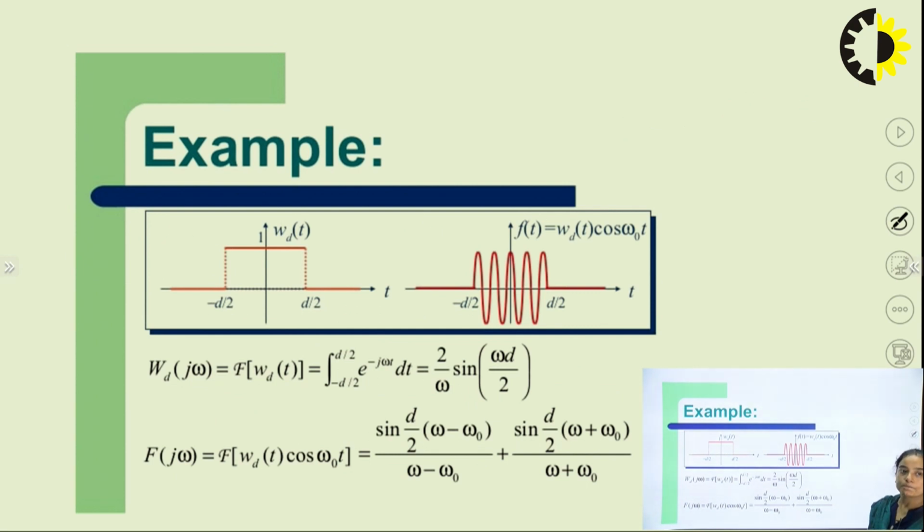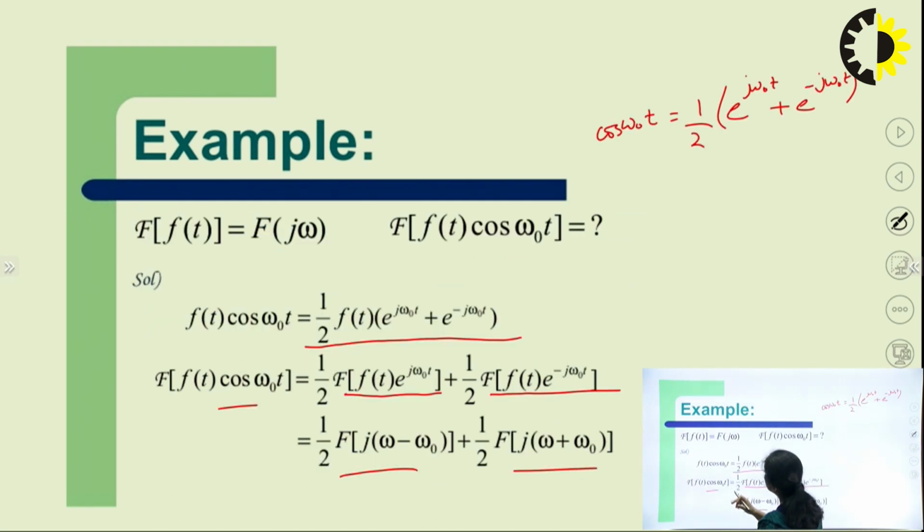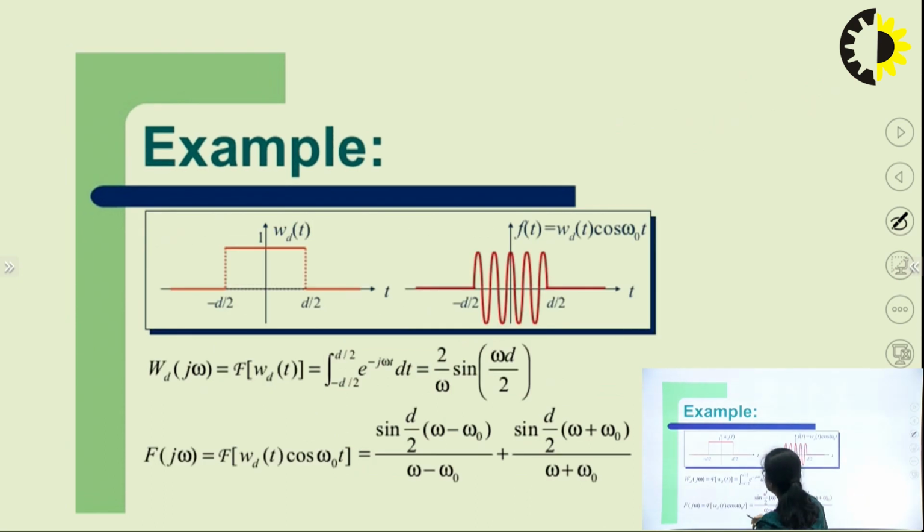So now if you need to draw the spectra, see, this is the f(t) cos omega naught t. Here, the second example is a function that is varying from minus d by 2 to d by 2 and has value 1, and for the rest of the time it is 0.